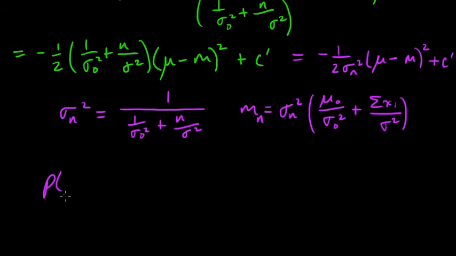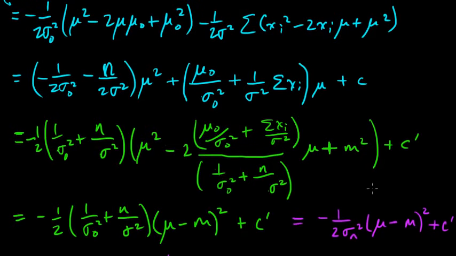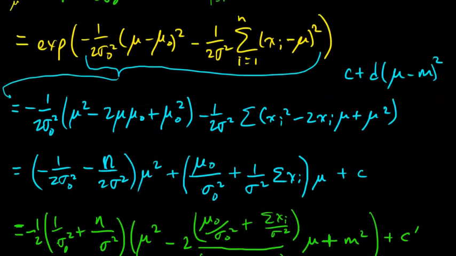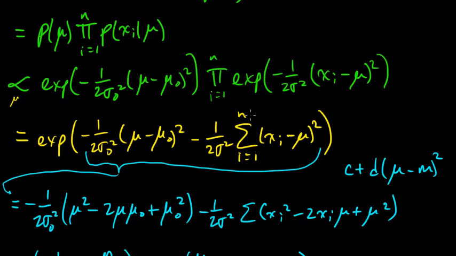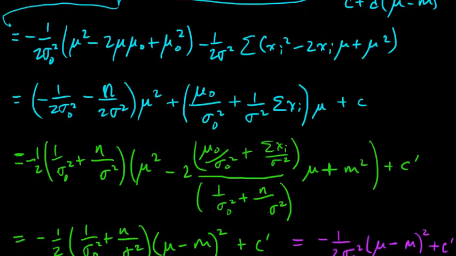The probability of mu given the data equals, since this is the exponent here, and e to this is proportional. That's the stuff we were just proving: that e to this, as a function of mu, is proportional to the probability of mu given the data.